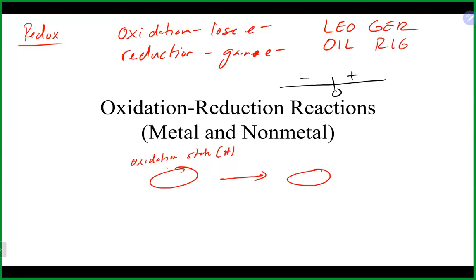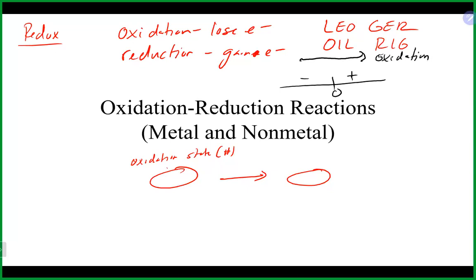When you lose negatively charged electrons, you become more positive because you have more protons than electrons, right? So if you look at somebody's charge or oxidation state as it goes from the left-hand side of the arrow to the right-hand side, and it's becoming more positive, then that thing is going through oxidation. Moving in this direction, it's going through oxidation.